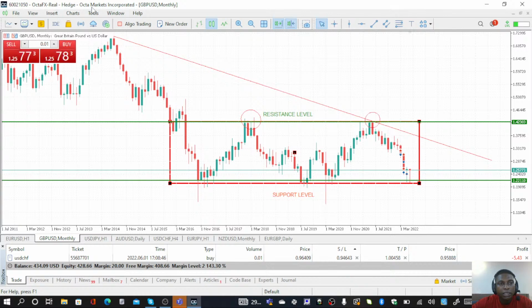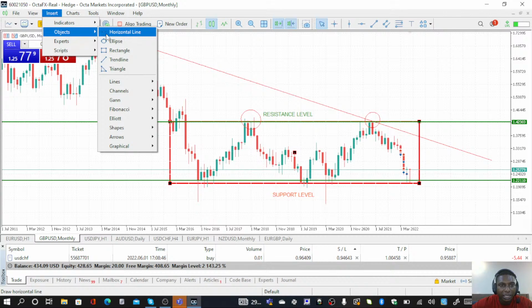Then at this level, we have three levels of support that have been tested. Three levels of support have been tested. Coming to this level of support, let's put in another.